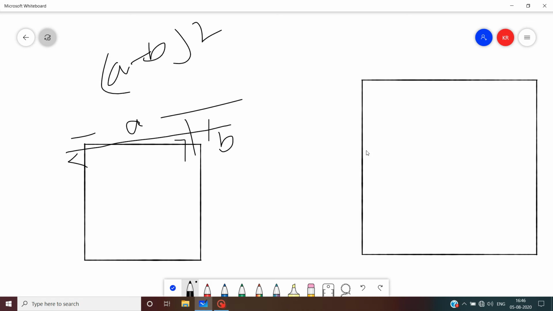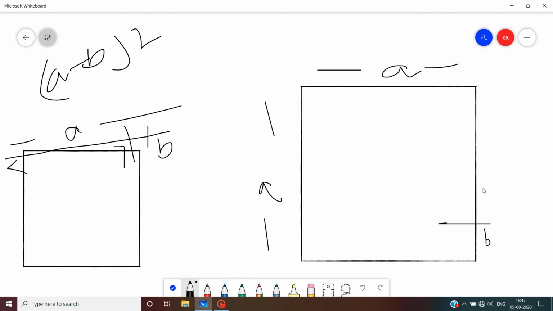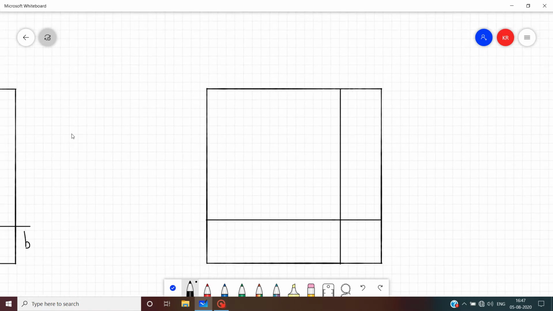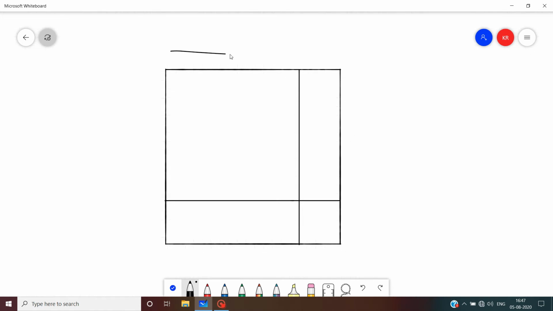In order to derive that, I am taking a square with side length a and eliminating some part with length b, and from another side also with b. So I have to get the remaining area of this one, right? So how to achieve this area? I have made it simply. So this will be the total length a and this is b.